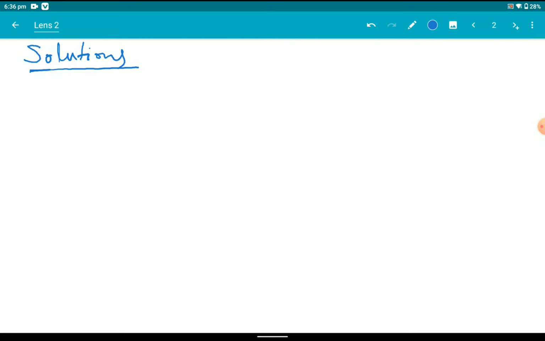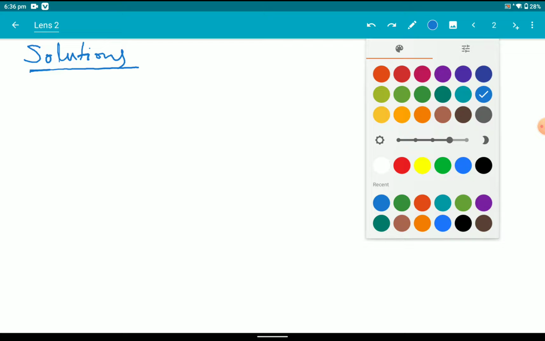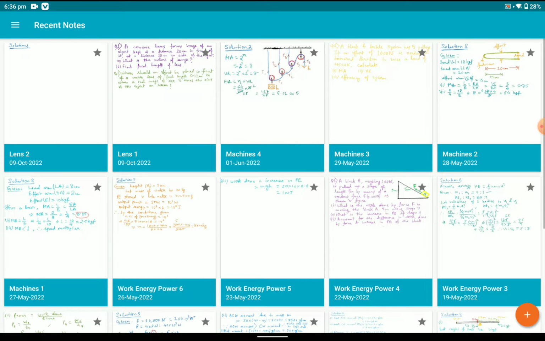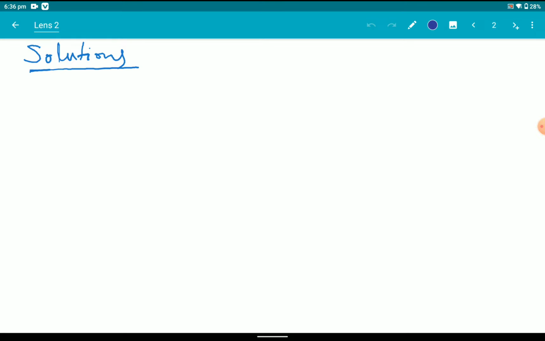Solution 1. Okay, fine. So the solution 1 says that the object height has been given.